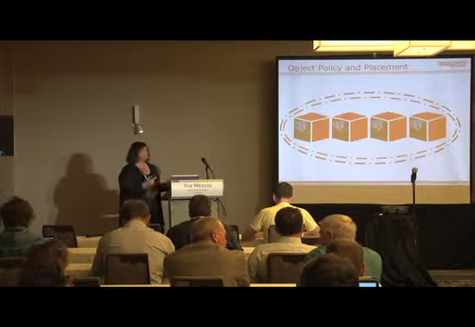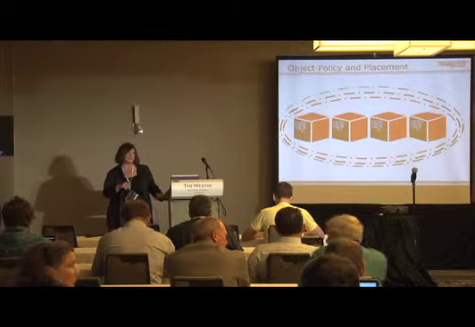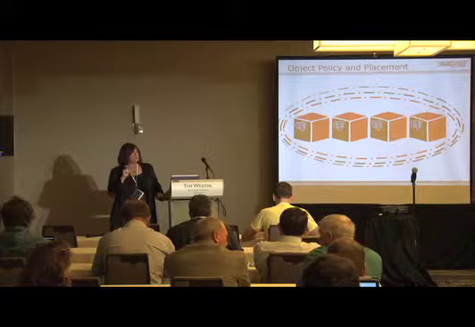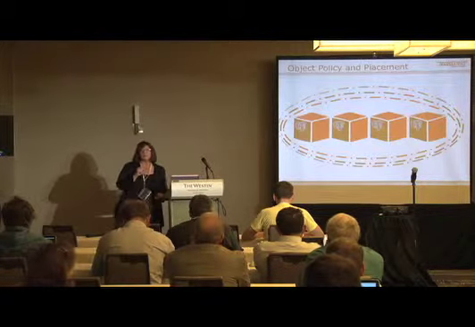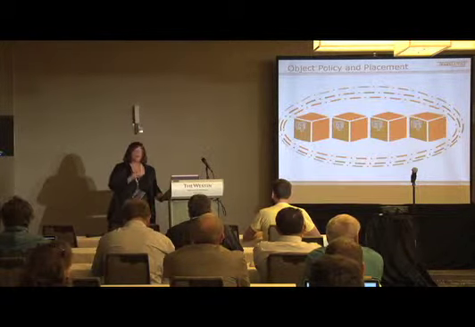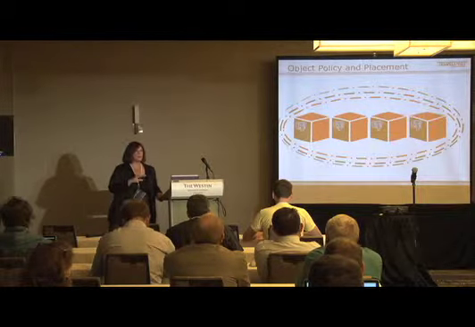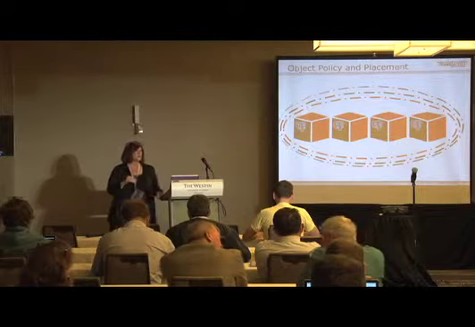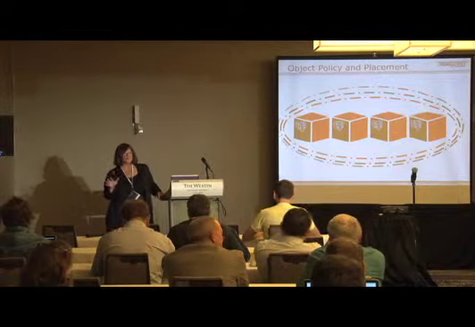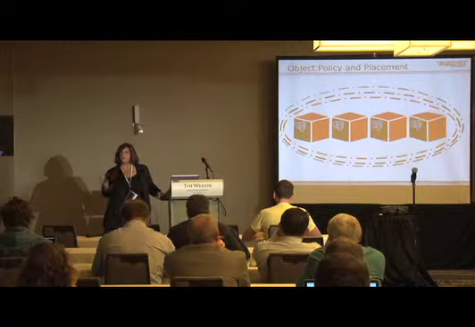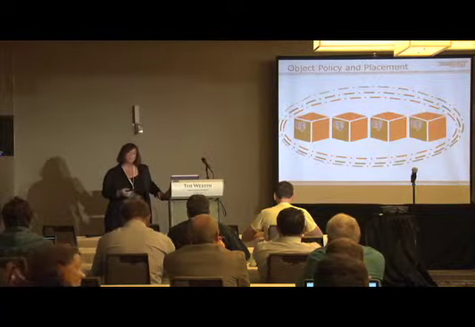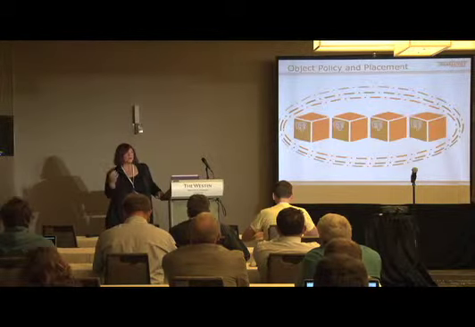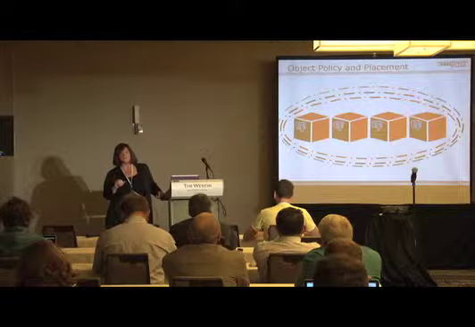We also have an object policy and placement system that's built within the cluster, so that when you set up the TransLattice cluster, one of the things that you do is you say, I want to have n numbers of copies of my data spread across y failure domains. So what I try to do is I set up my cluster so that I have nodes in various regions, so that if I have a local failure, I still have a full copy of my data at other nodes within the system.